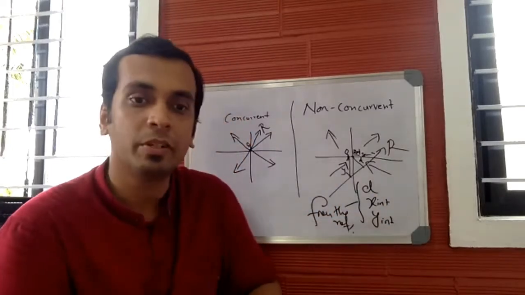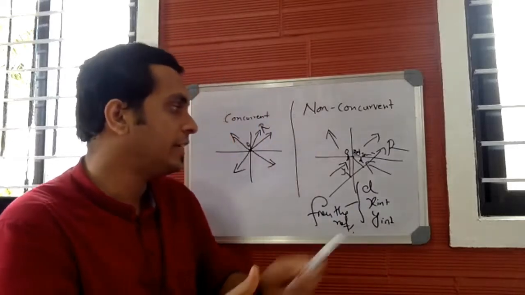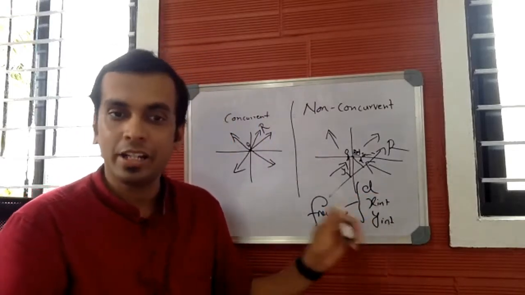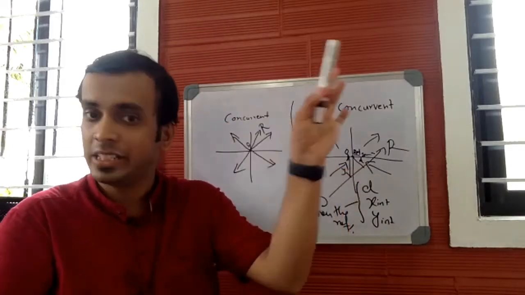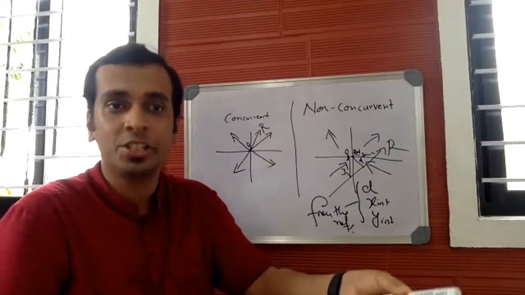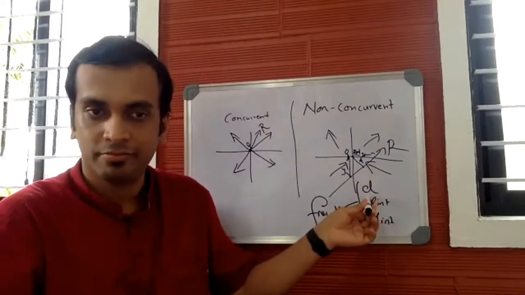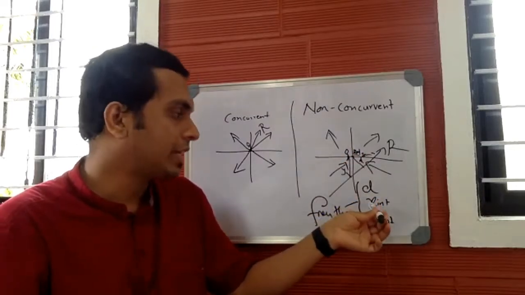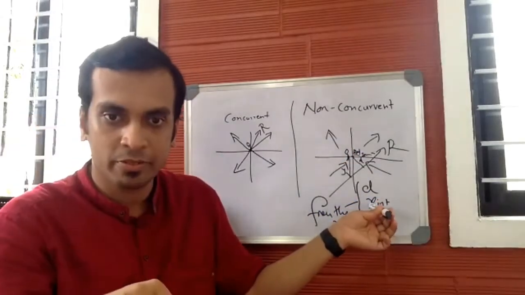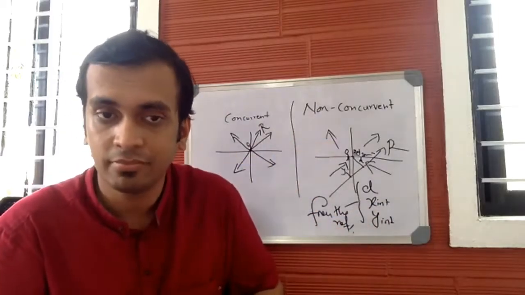The reference point will be given to you, and from the reference point you are supposed to find d, x-intercept and y-intercept. That is, you are locating the resultant. You'll find the magnitude of resultant, and once you find it, you have to locate the same. You'll find the distance, that is the perpendicular distance from the reference point, the x-intercept from the reference point, and the y-intercept from the reference point. If you do this much, it's as good as locating the resultant.